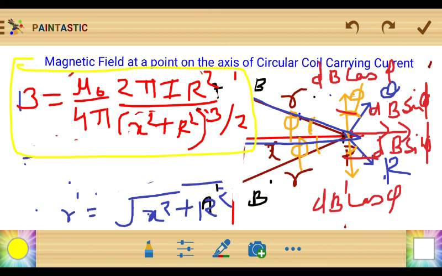Okay, so this is the complete solution for the magnetic field at a point on the axis of a circular coil carrying current.